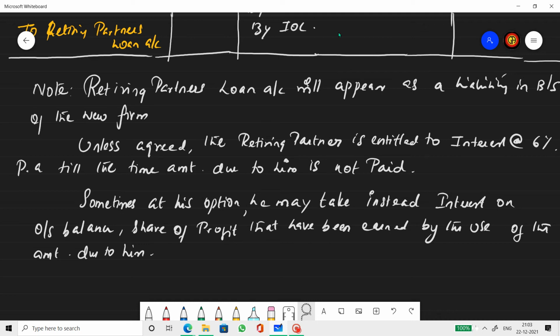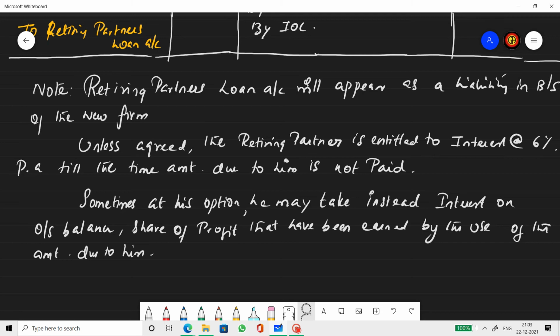Third point, sometimes at his option, he may take, instead of interest on outstanding balance (O/S is outstanding balance), a share of profit that has been earned by the use of the amount due to him.